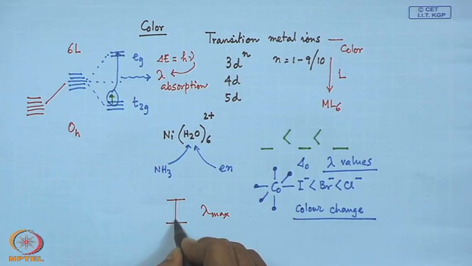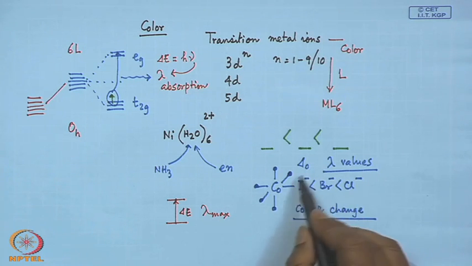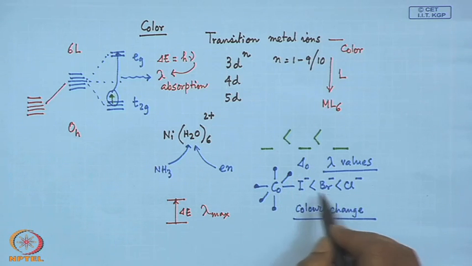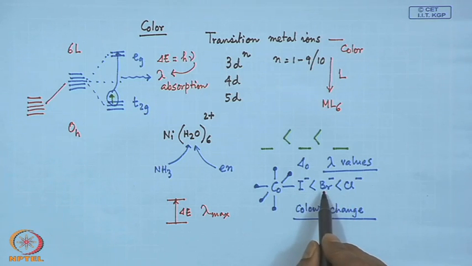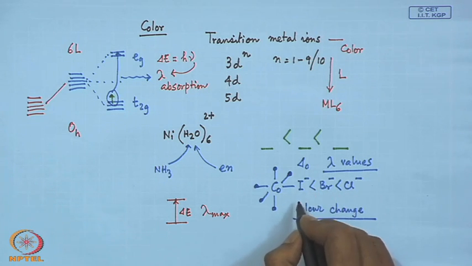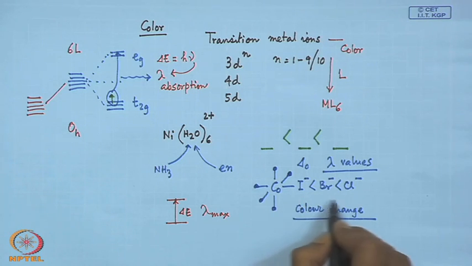of this separation, that means the corresponding delta E values, and we get this particular part of the spectrochemical series. So, this gives us some idea how we make the spectrochemical series, and experimentally we can verify that iodide is less than bromide and less than chloride, because they are very weak pi donors.